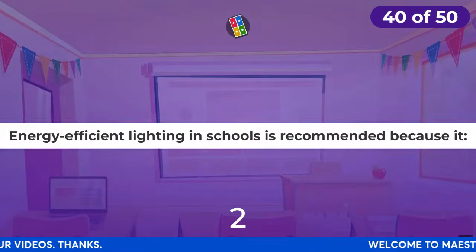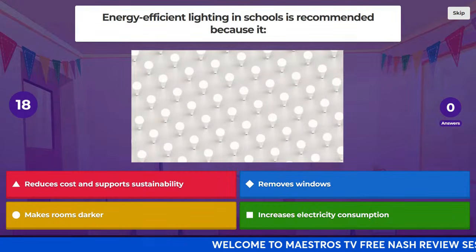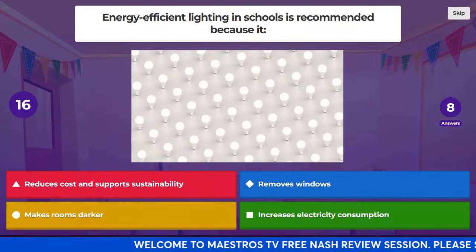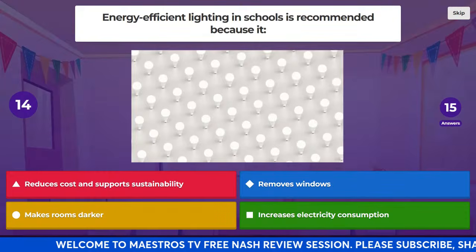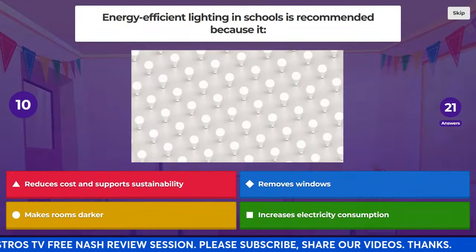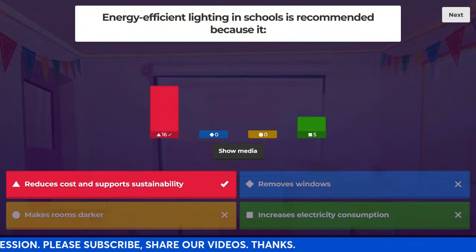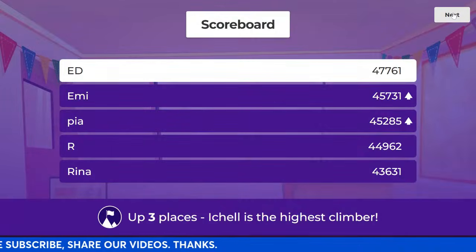Energy efficient lighting in schools is recommended because it reduces the cost and supports sustainability.